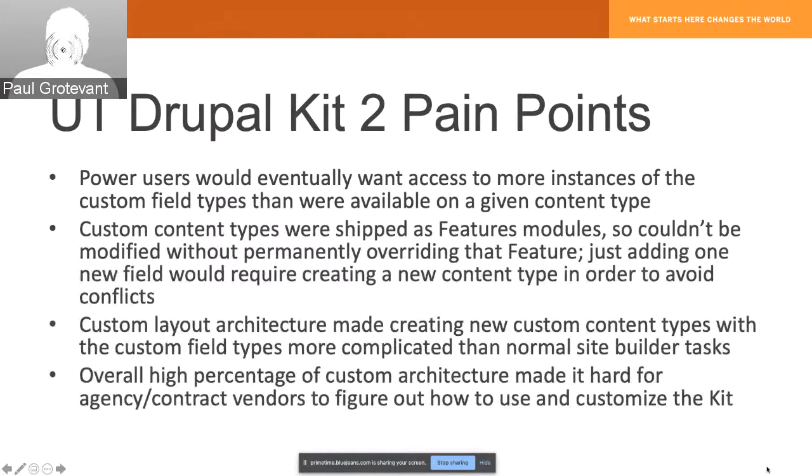So I'd say what we've learned in terms of pain points about version 2 of the Drupal Kit had a lot to do with the way our custom fields and our content types were architected and packaged in terms of configuration. As I'll show you in a few minutes, there was a sort of a limited number of combinations of field types that could be applied on any given page, created using either the landing page or standard page content type.